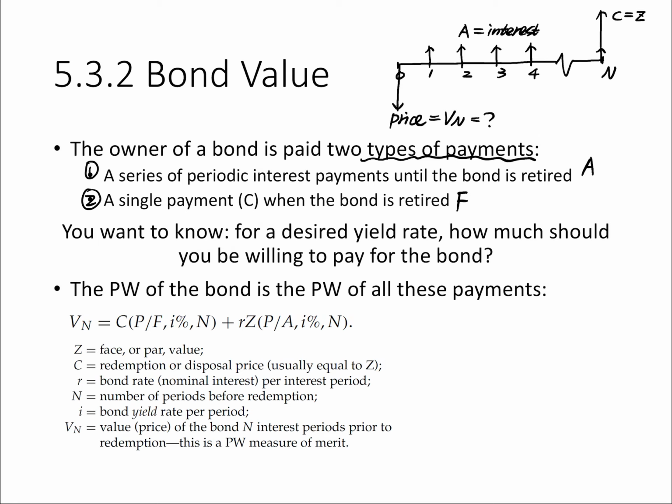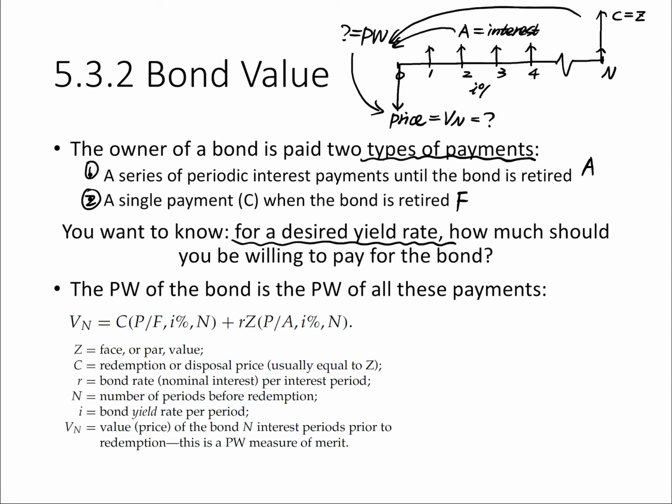And what you want to know is the price, or how much you can afford as a maximum to buy this coupon, okay? So to know that, you want to convert everything back to the present, the PW. So what is the PW? And that is your price.